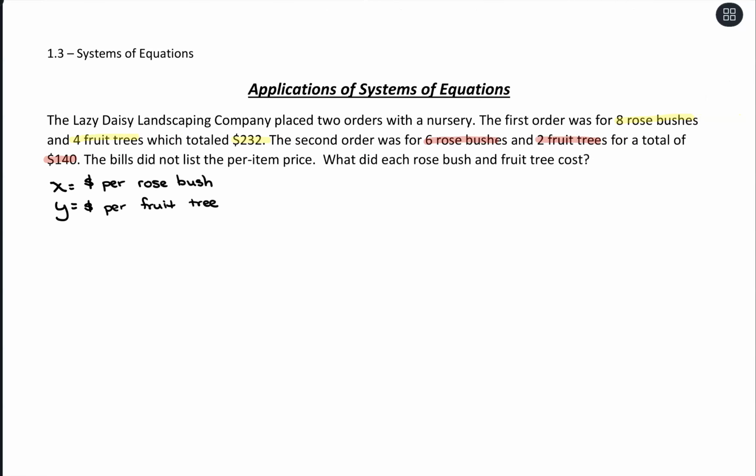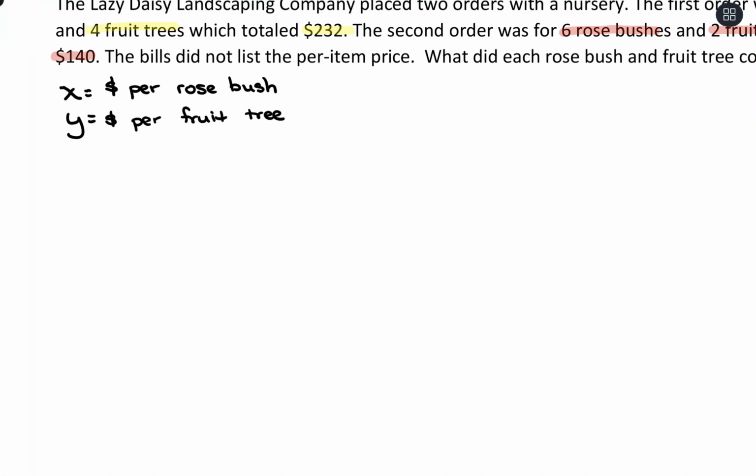And then our two scenarios here are our first order and our second order. So we're going to have the results of that first receipt and the second receipt. Because both of these are a combination of buying some rose bushes, buying some fruit trees, and ending up with the total cost for both of these.